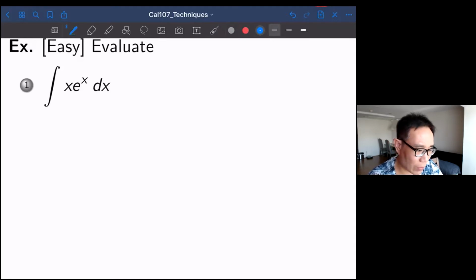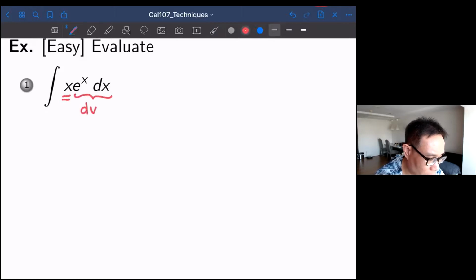What does it mean to change this in terms of u dv? It means that you see one term as u and the other term as dv. So this one is u, this one is dv. How would I have this in dv?